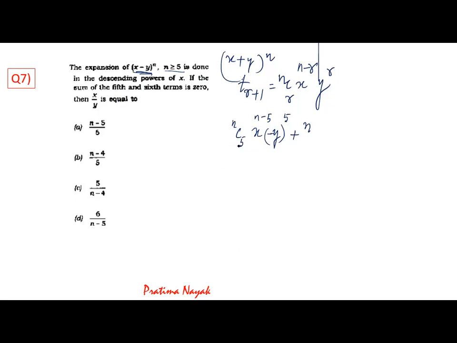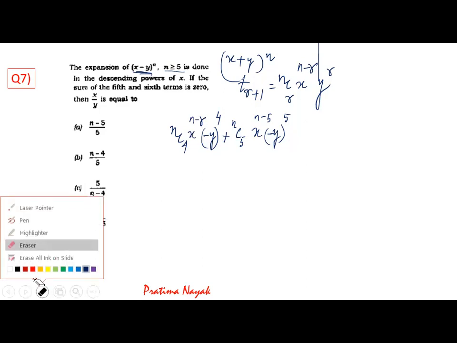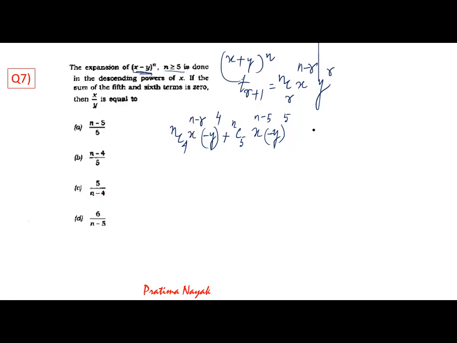I have written the sixth term, because for the sixth term I'll write nC5. And the fifth term will be nC4 x to the power n minus 4, minus y to the power 4. The sum of these two, the fifth term and the sixth term, is equal to 0.